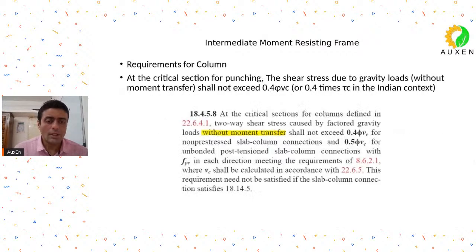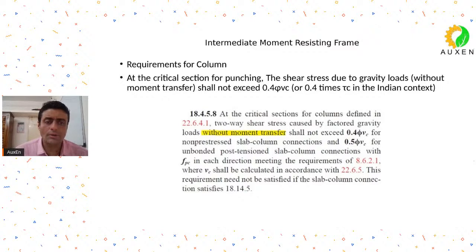Okay. So very strict criteria, if you see, at the critical section for punching, very important. At the critical section for punching, when you are going to check the punching ratio, you have to ensure that the shear stress should not exceed 0.4 times phi root fc'. So this is in the American context.